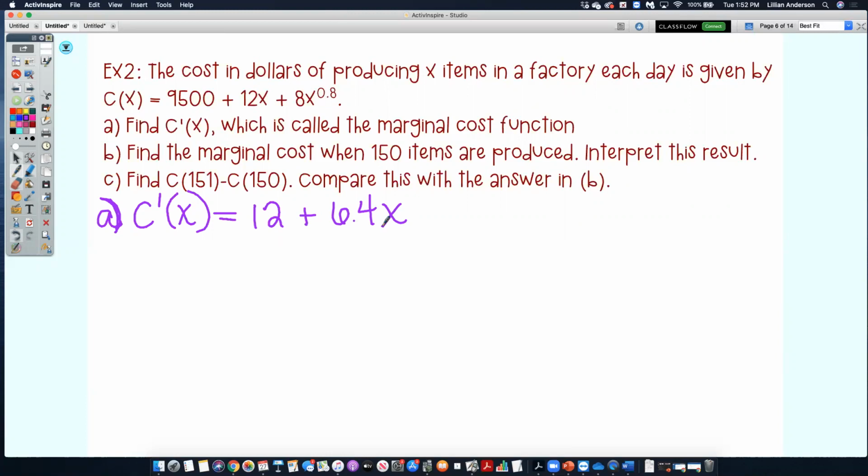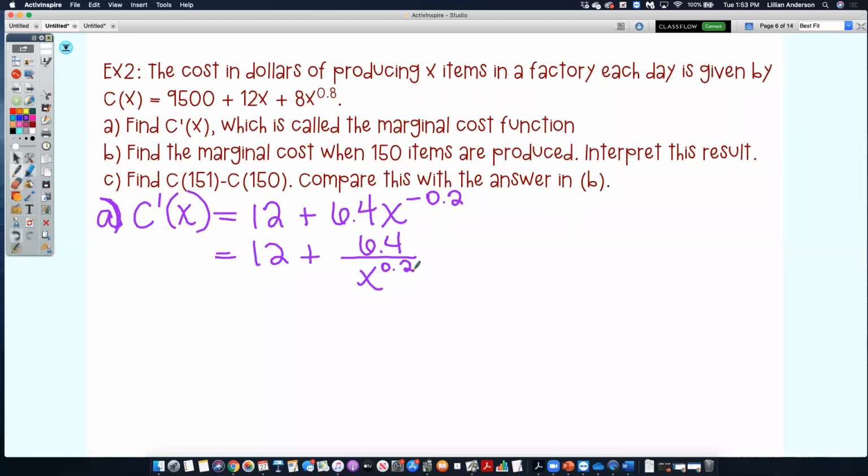There would be a power, raised to the negative 0.2 power. So then this would turn into 12 plus 6.4 over x to the positive 0.2 power. Okay. Very good. This one is going to be calculated with 0.2 as an exponent. All right, so we found that. So that represents our marginal cost function.